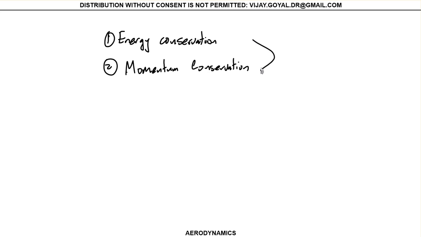You can derive this using either one of these. Okay, so if I'm going to derive this equation, I am not going to derive it. I'm just going to give you the answer for this.